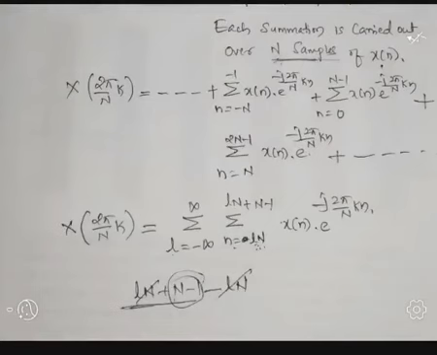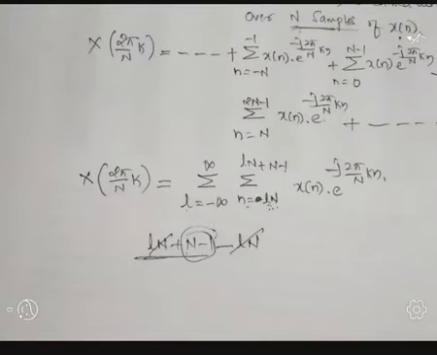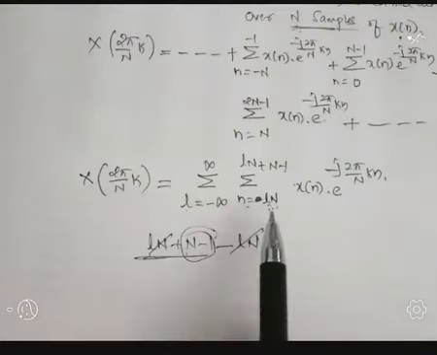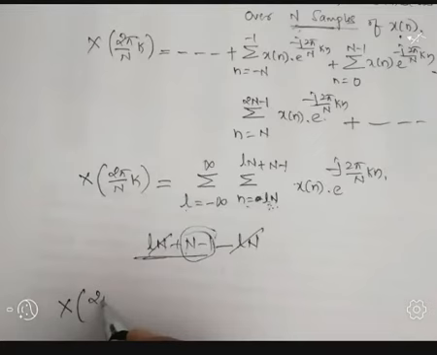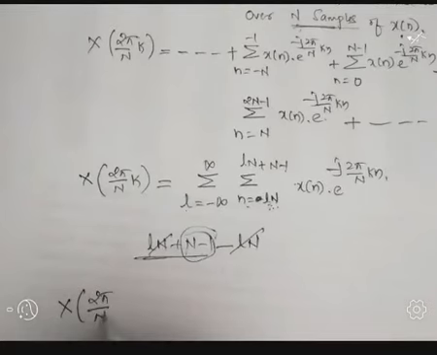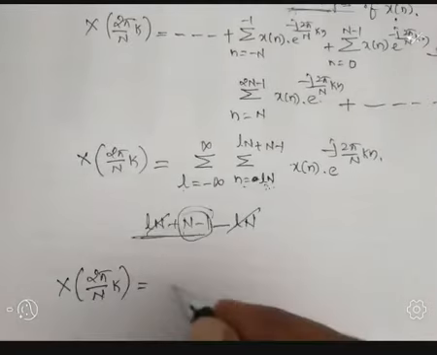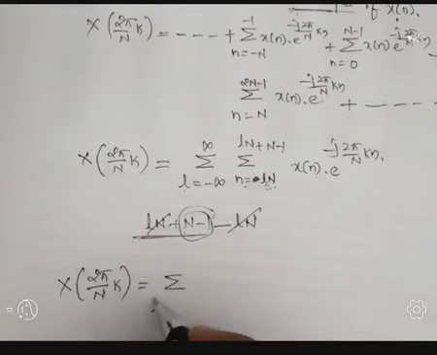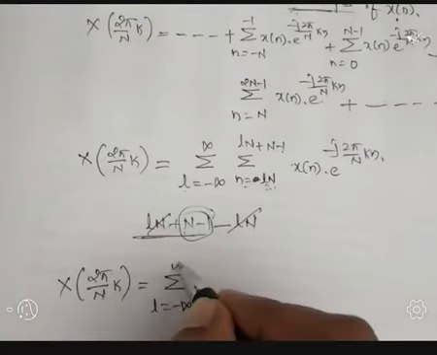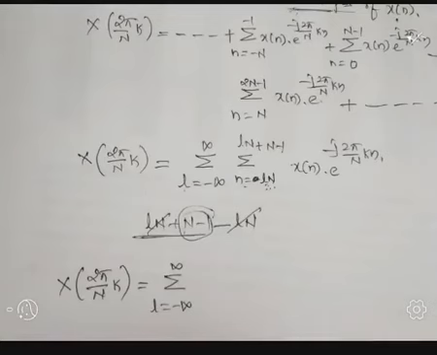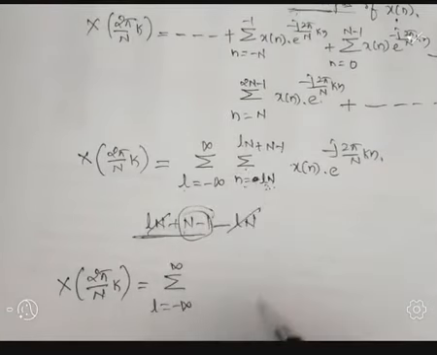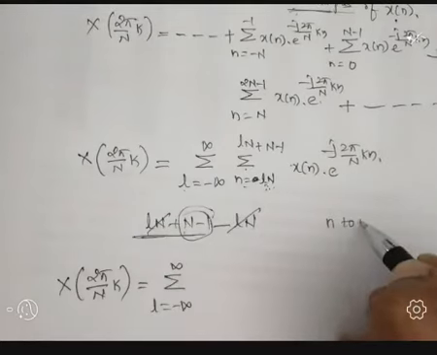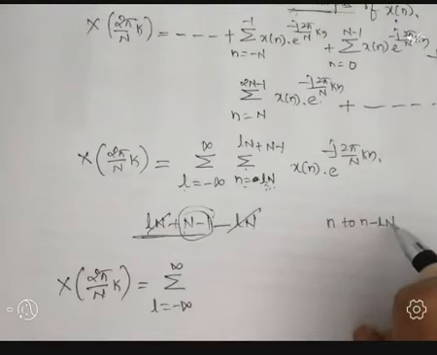Okay, now change the index of inner summation term. I am changing the index of inner summation term in order to avoid the confusion. The outer summation term as it is, I will write l equal to minus infinity to plus infinity. I am going to change the index of inner sum from n to n minus lN.